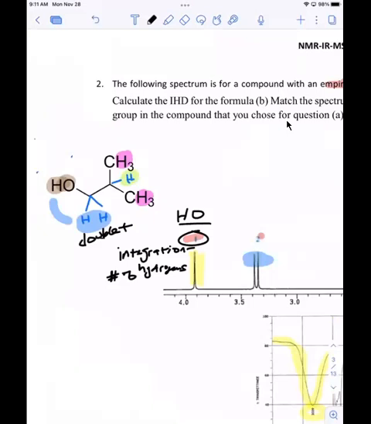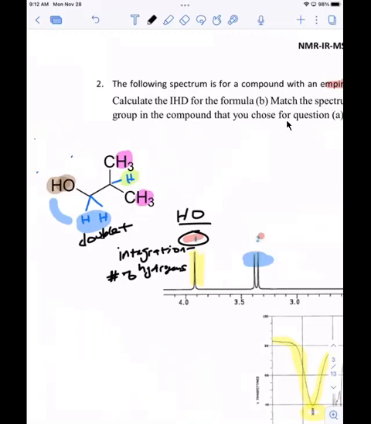The higher energy. Say that again. I said, does it have something to do with the higher energy? No, it's not an energetic issue. It's an electronic issue. Isn't it de-shielding?